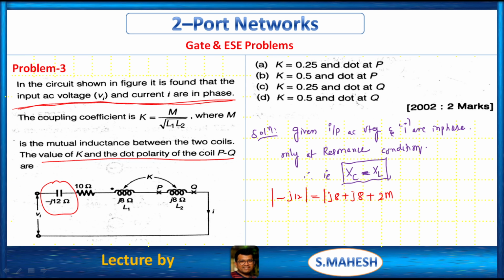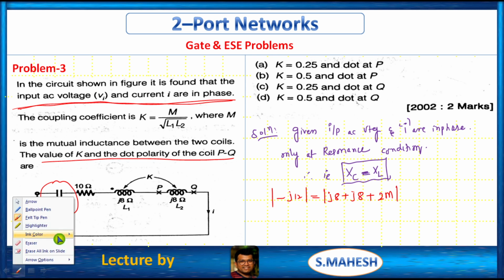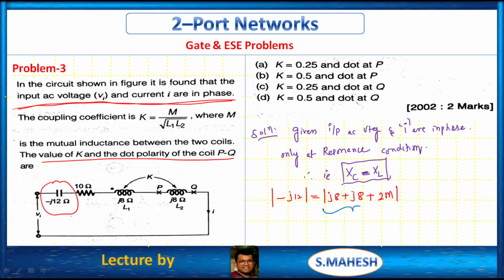Why is it L1 plus L2 plus 2M? Because all are connected in series.